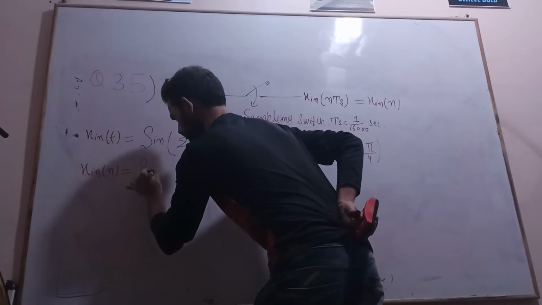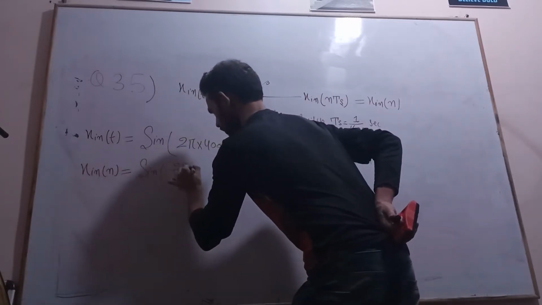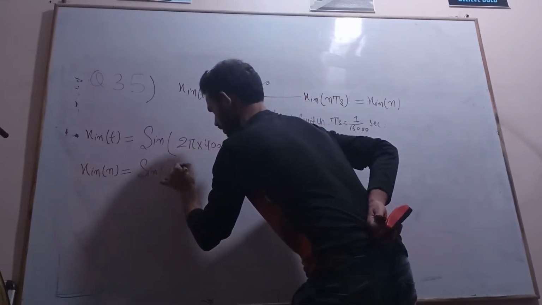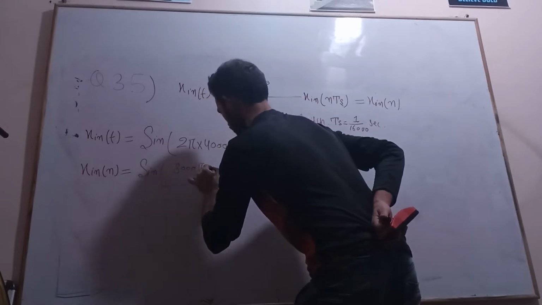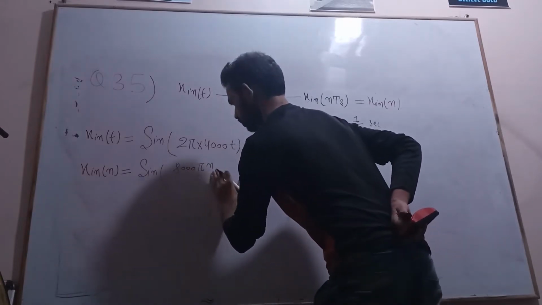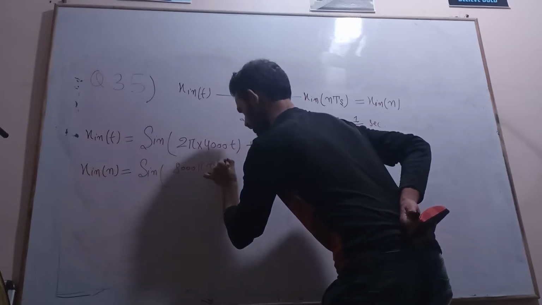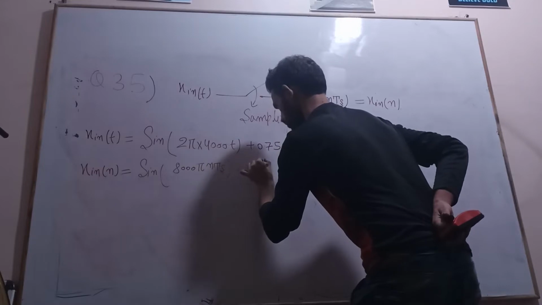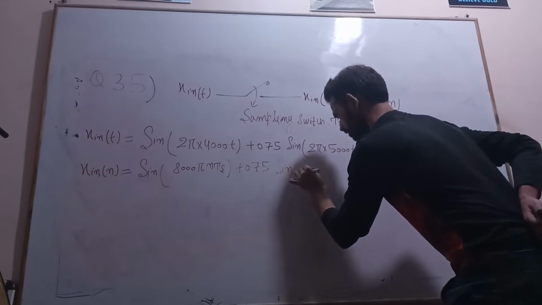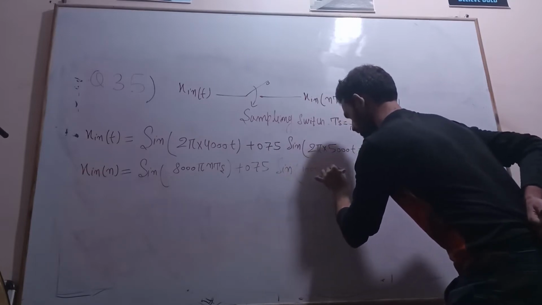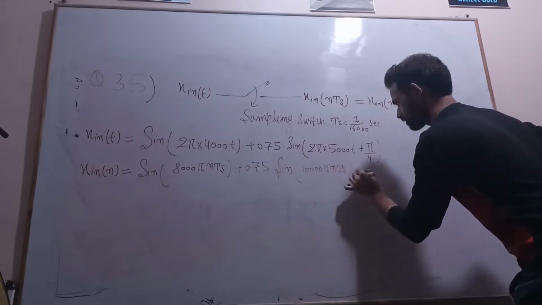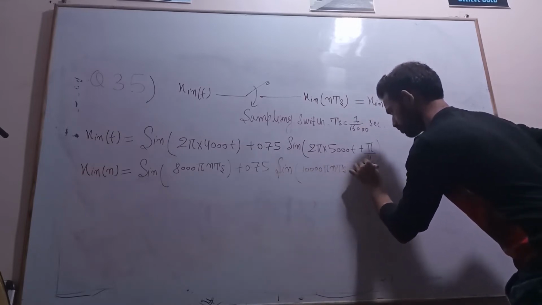So x in of n is equal to sine 2 pi into 4000, or you can say directly 8000 pi, nTs, plus 0.75 sine 10,000 pi nTs plus pi by 4.